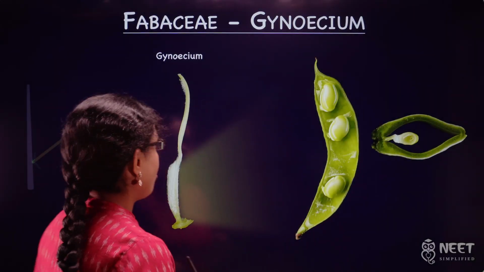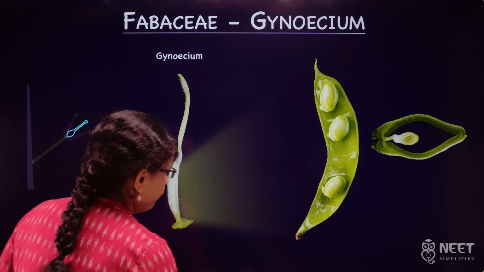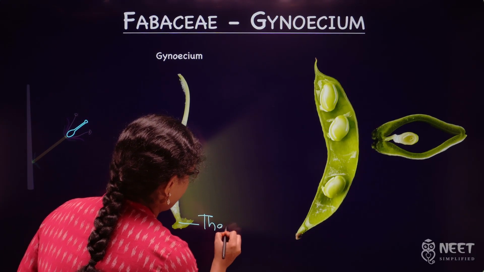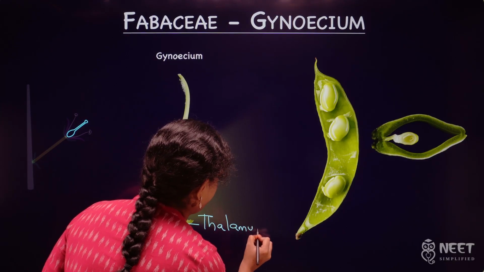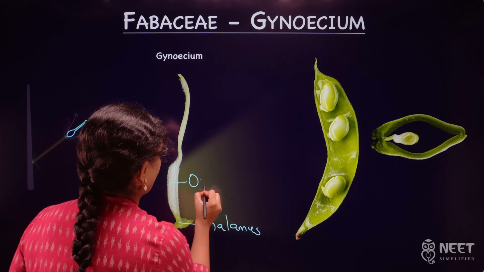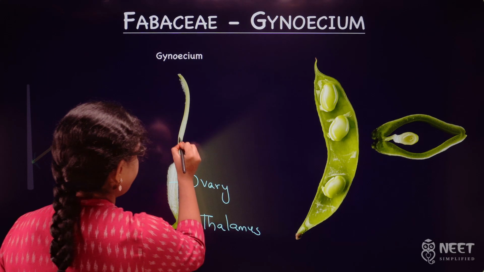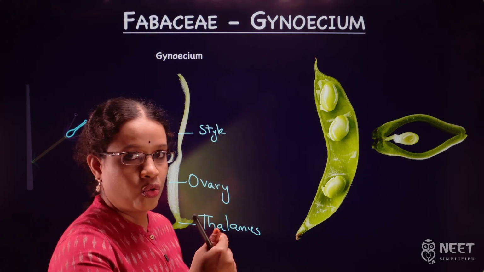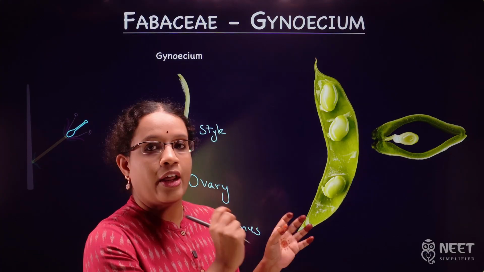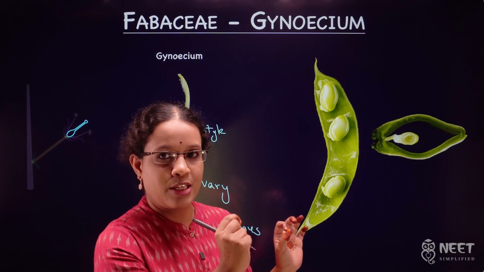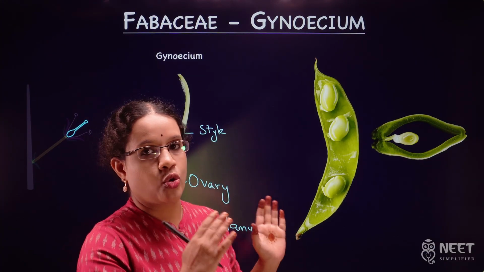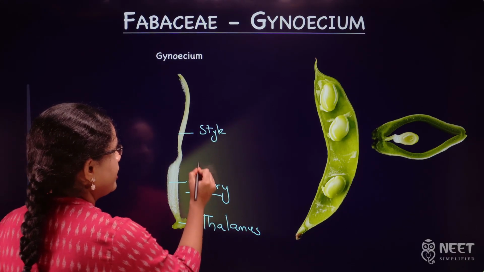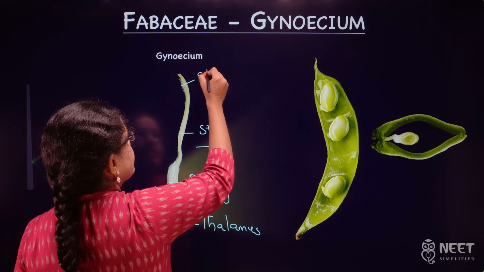Here, in case of the gynoecium, we have the seat of the floral organs, the thalamus, on which you are seeing the ovary is present. You are seeing the style which was passing through the staminal tube. Now we have separated this particular pistil so that you can understand it clearly. So you can see ovary, style and stigma.